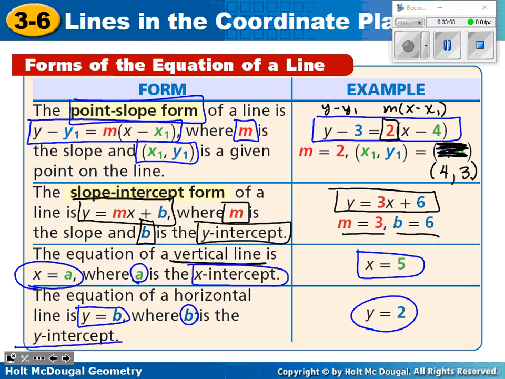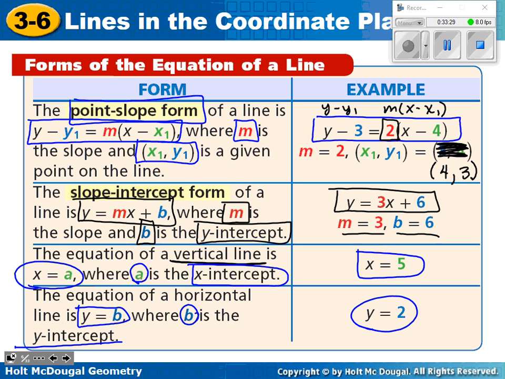So really quickly, I'm going to put up a couple pictures here on the board. You guys give me the equations for them. What's the equation for that line? An equation is never undefined. That's a slope.